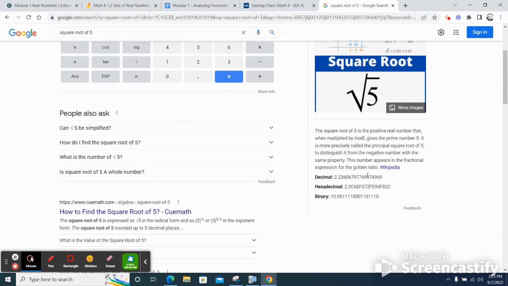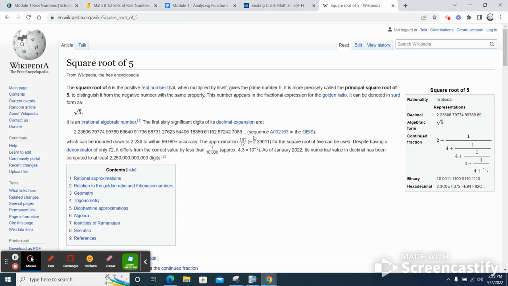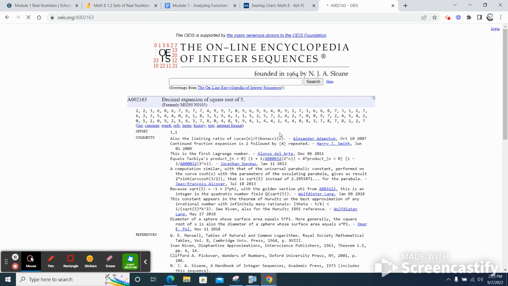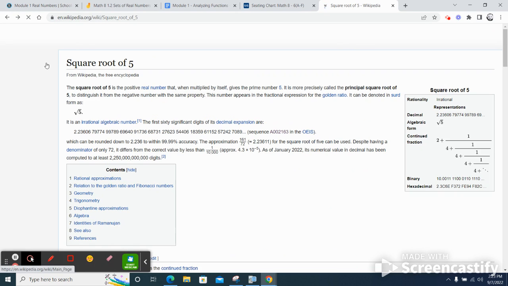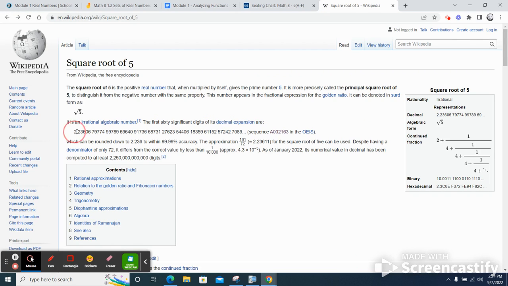But watch this. This is the Wikipedia page for the square root of 5. It tells us it's an irrational number. This is the sequence. I'm going to click on this link. Okay. Oops, wrong link. This is the square root of 5.